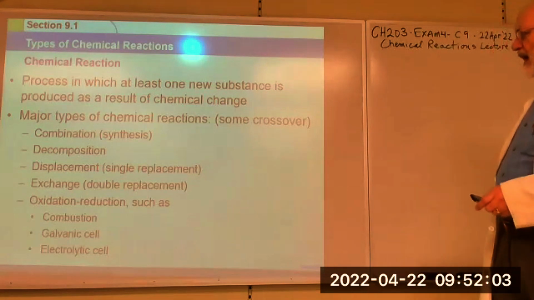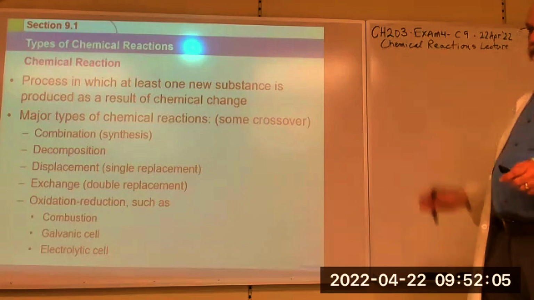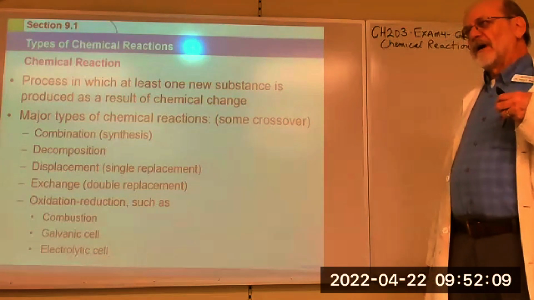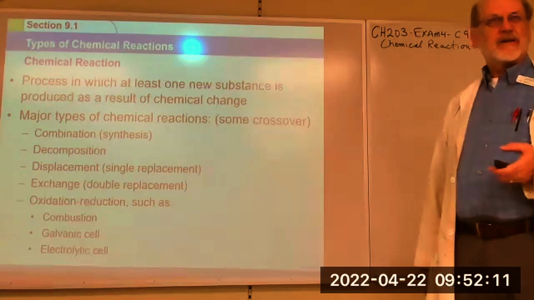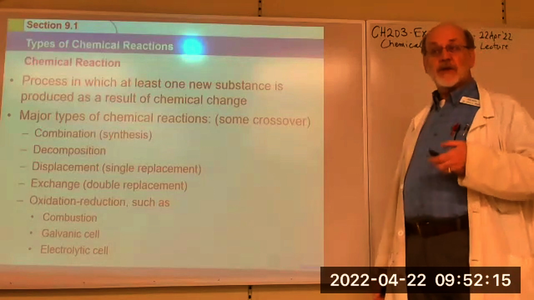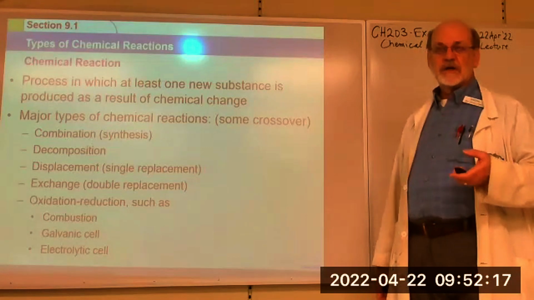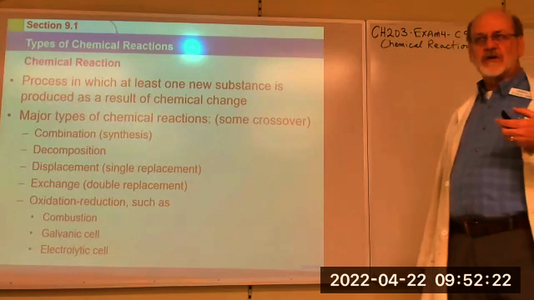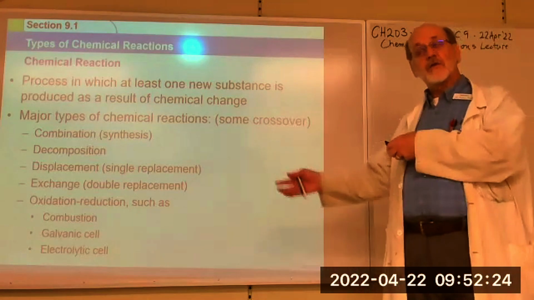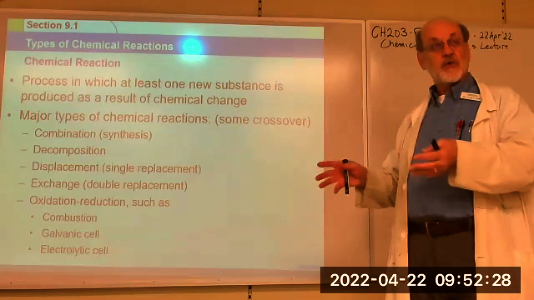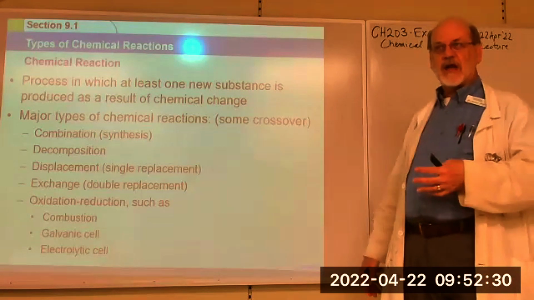Now, the types of chemical reactions are more operationally defined. In other words, they say something about the reaction, but they don't say everything about the reaction. You can have a descriptive term for a reaction, and then you can turn around and find another descriptive term that does pretty well for a different aspect of the reaction.